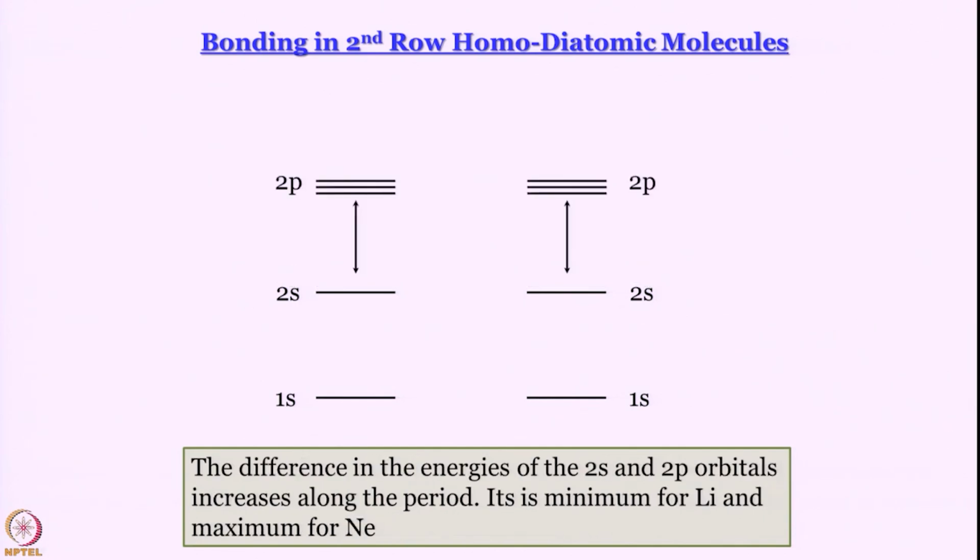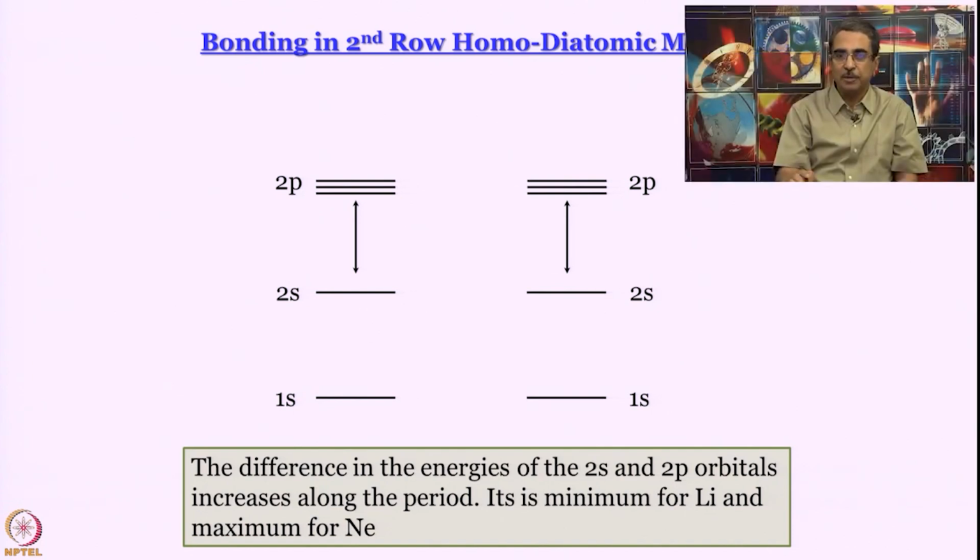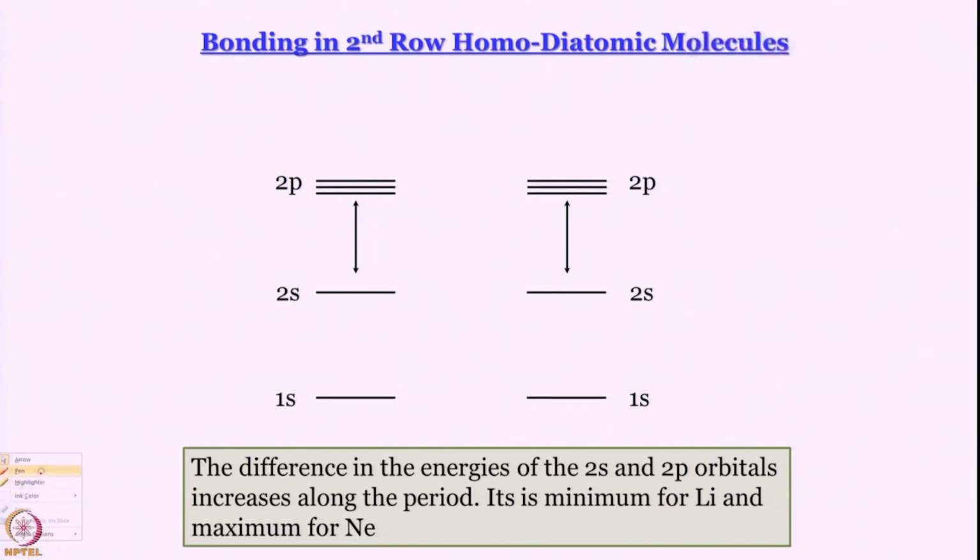Whereas, if the situation is like this, where there is a separation in energy between 2s and 2p orbitals, then you have to write two different linear combinations. So, you can write psi 2s is equal to, I wrote psi 2s here, so I will write phi then, phi's are atomic orbitals, phi 2s A plus phi 2s B, and I have to write psi 2pz equal to, I can write plus minus here, and I can write some C3 here.